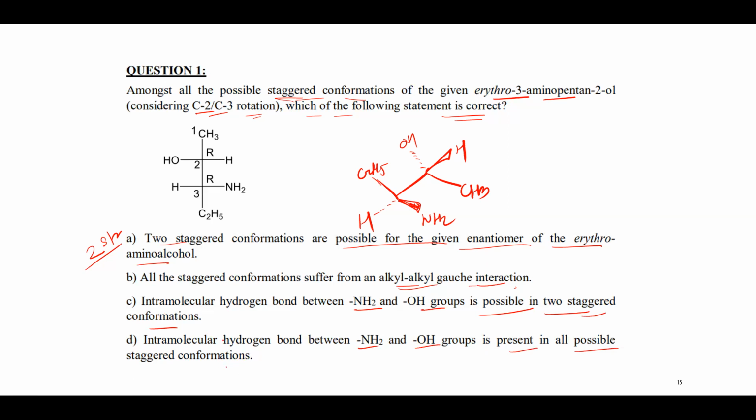So we need to draw all possible staggered conformations first. I will directly draw the staggered conformation for this molecule. This is the C2 carbon atom. I will draw the methyl group up as it is, CH3.